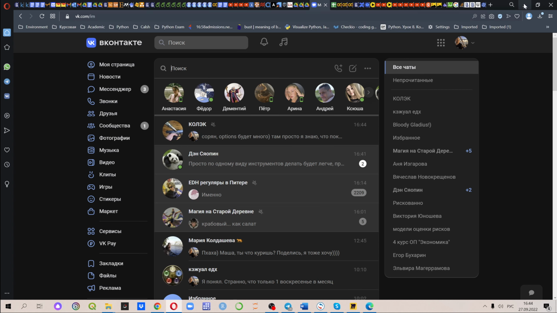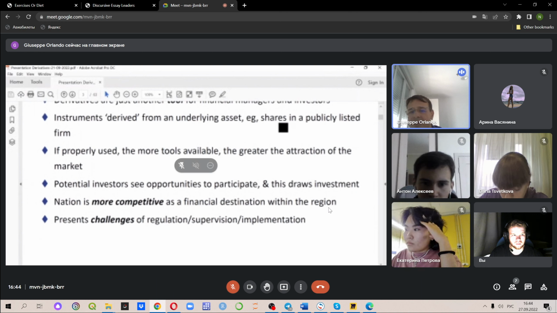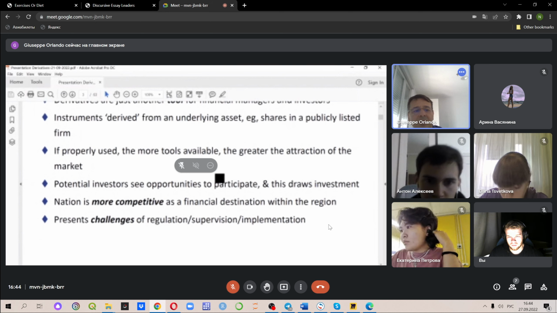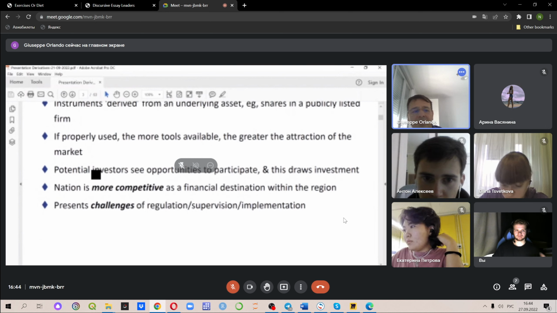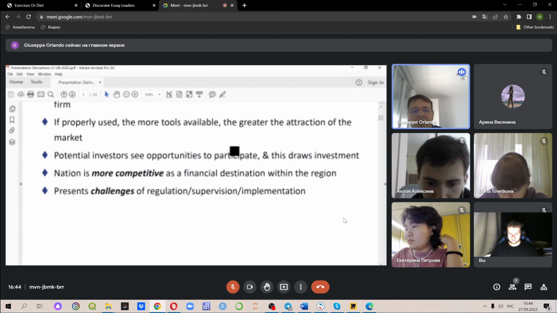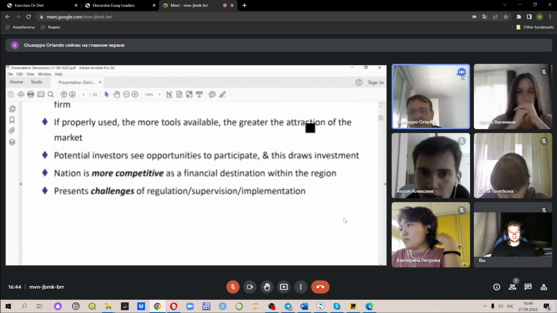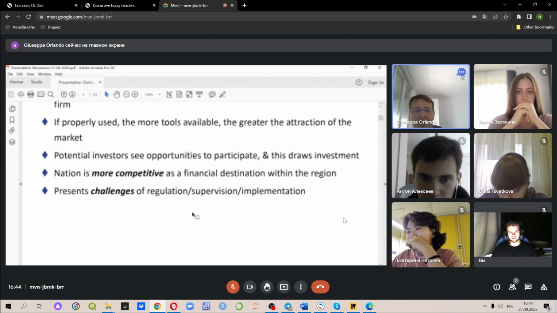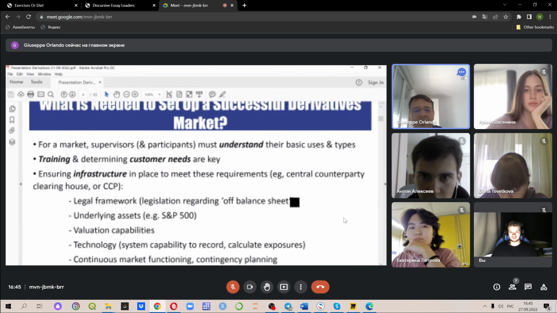The examples are indices or shares, stocks. And why do we need derivatives? Because they increase the financial instruments available to investors, and that increases the opportunities, but it is also a challenge in terms of regulation, supervision, implementation.